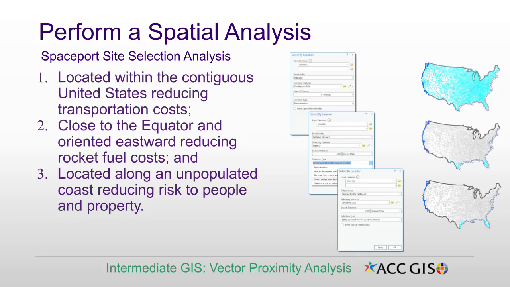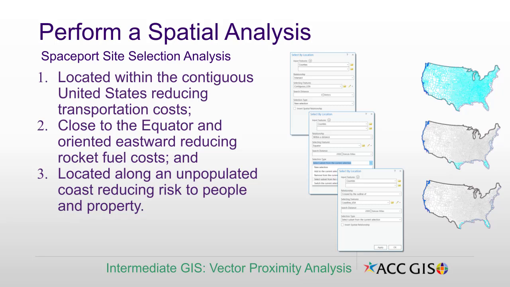My last step in the spatial analysis is to locate counties along an unpopulated coast, reducing risk to people and properties. And again, I have a coastline feature data set that I can utilize in the Select by Location geoprocessing tool. I have my input feature still set to counties, my relationship set to crossed by the outline of, and my selecting features to coastline USA.